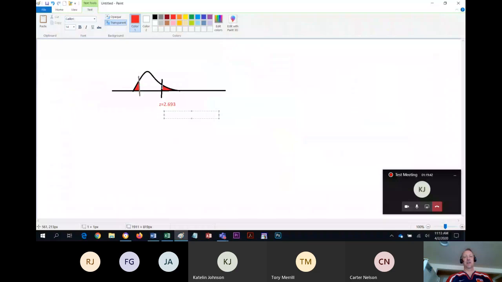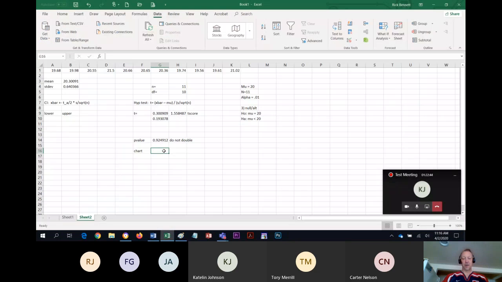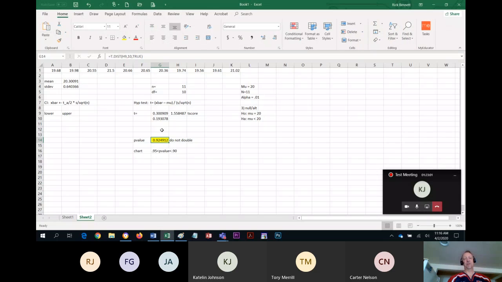If the area to the right is in between 0.10 and 0.05, the area to the left is going to be in between 90% and 95%. So your p-value is in between 90 and 95%, which is exactly what we got. That one was kind of a tricky one, wasn't it?